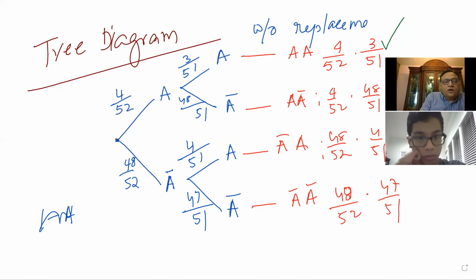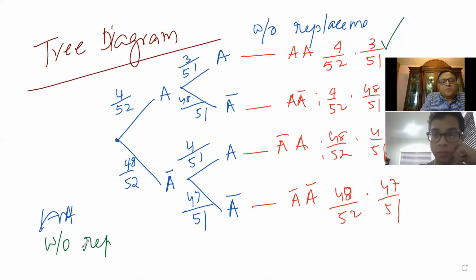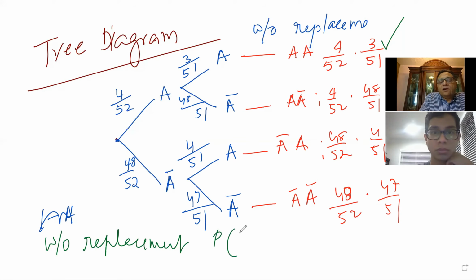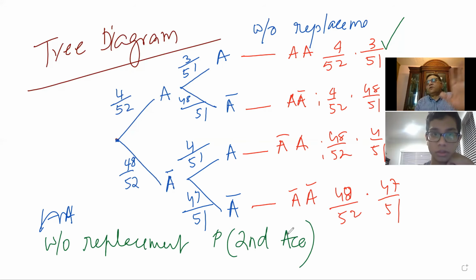And so your question, like without replacement, we are looking for the probability of the second ace. Do you understand? So we don't know what was the first card, but we want to know the probability that the second time when you pick, it is an ace. You get the idea.